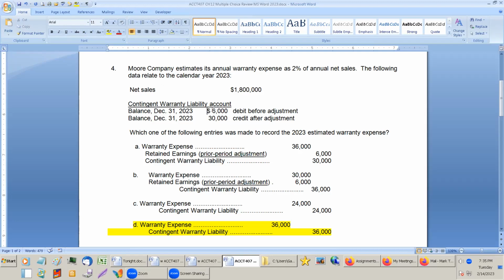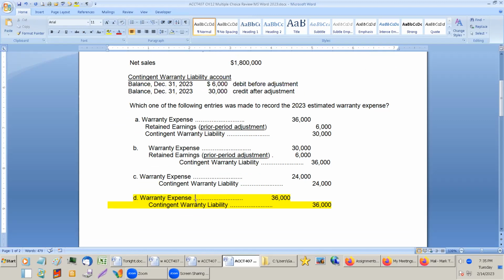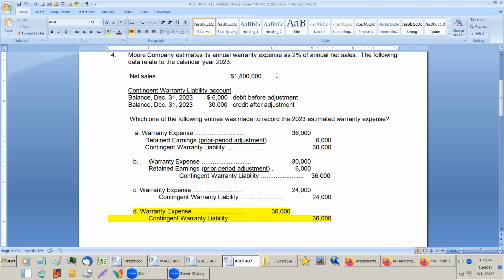So if you had a negative 6,000 and you had to get up to 30,000, what would it take? It would take 6,000 just to get to even, and then the 30,000 on top of it. Anyway, long story short, you could also just have done this. Again, this is the kind of tricky wording.